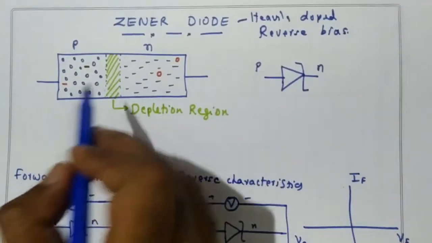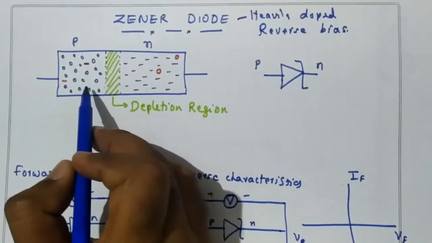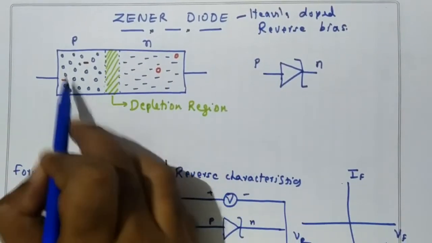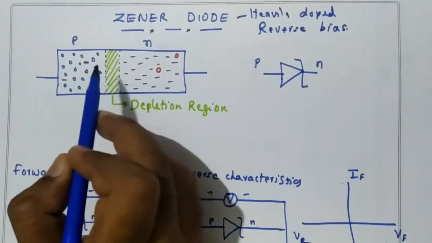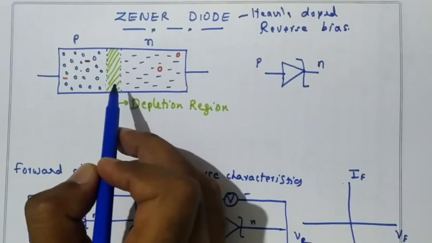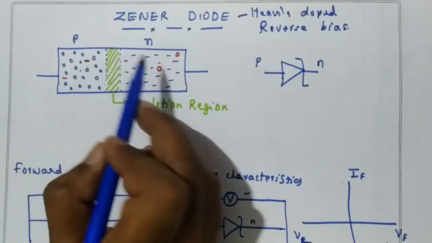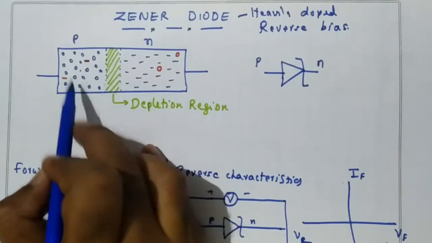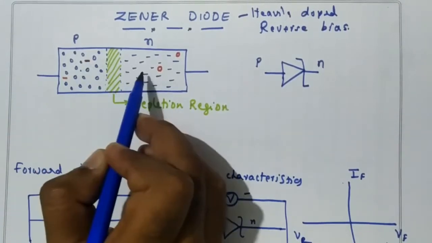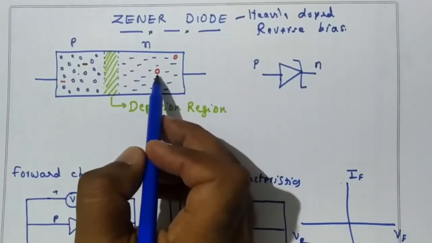Now, since it is heavily doped, what do you mean by heavily doped? More impurities are added to form the P and N type semiconductors. When it is heavily doped, the concentration of majority charge carriers becomes more and the concentration of minority charge carriers becomes lesser.